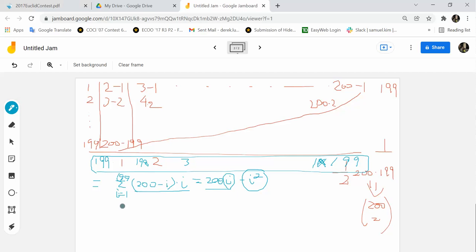This formula should be 200 times, let's change the color, okay? This is 2 and m plus 1. This one is a little bit hard, okay? This one is m over 6 times m plus 1 and 2m plus 1. Looks like this, right?